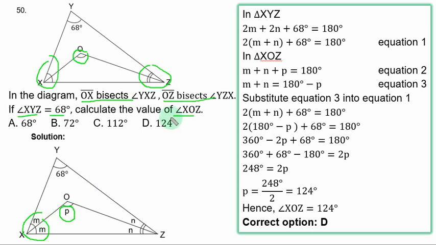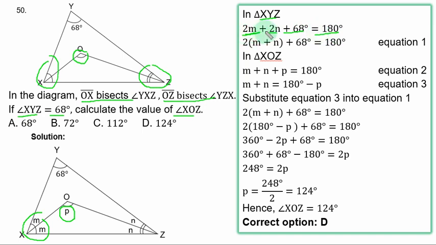Considering the whole triangle, triangle SYZ, the sum of angles is 180. So angle YSZ is 2M, plus angle YZS is 2N, plus angle SYZ, 68 degrees, equal to 180 degrees.